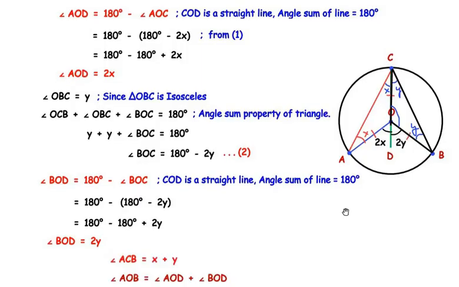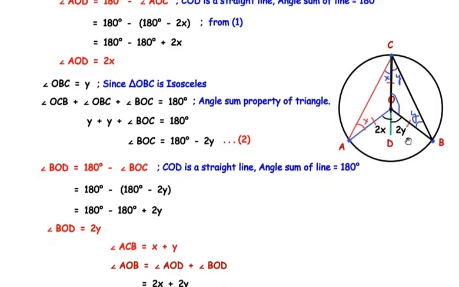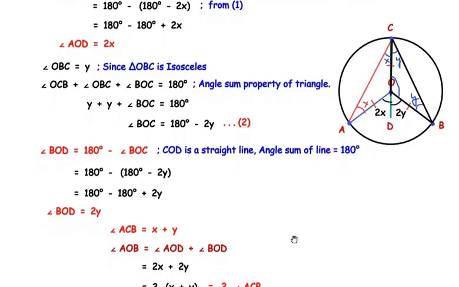Now here we can see that angle ACB is equal to the sum of x and y. So angle ACB, that is angle on the circumference of the circle, is equal to x plus y. And angle at the center of the circle is going to be angle AOD plus angle BOD. So the total angle AOB is equal to angle AOD, we got it as 2x, and angle BOD as 2y.